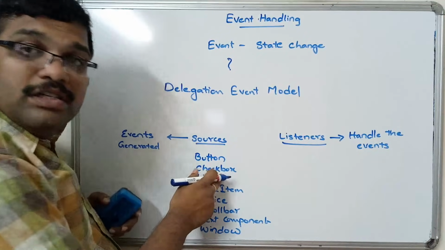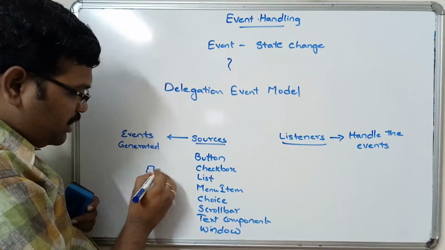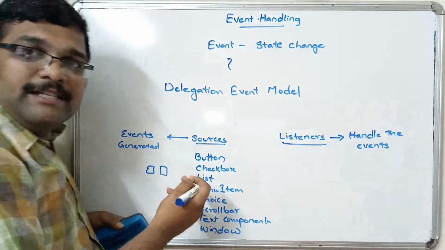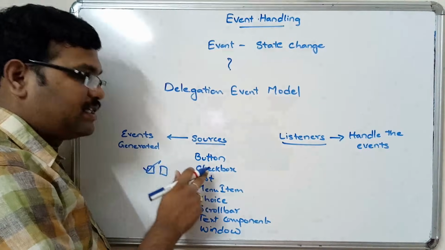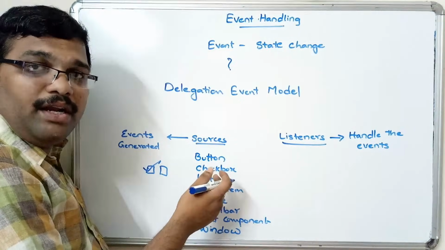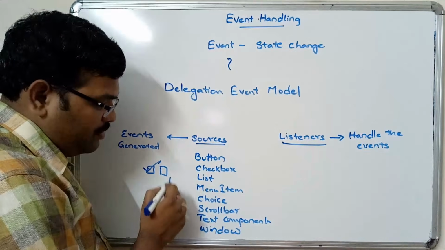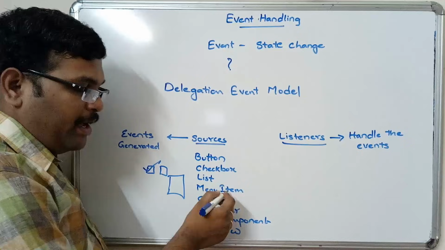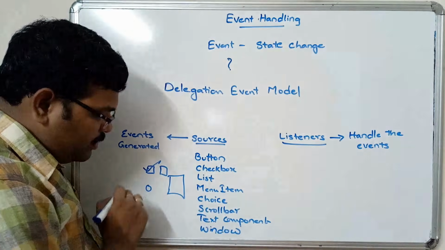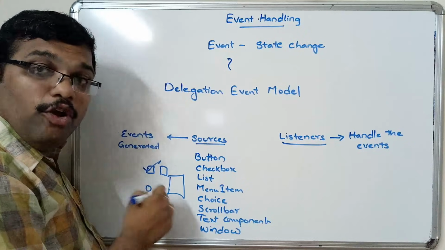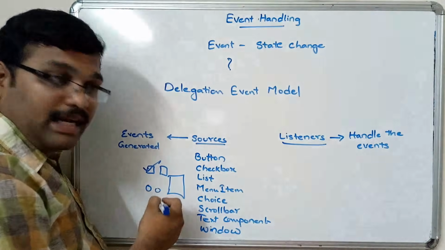So checkbox means it will allow multiple selections. So initially if it is deselected, if you select any checkbox, the state will be changed, right? Next, list of items, menu item, drop down menu, choice, so it's like radio buttons, okay, a single selection.